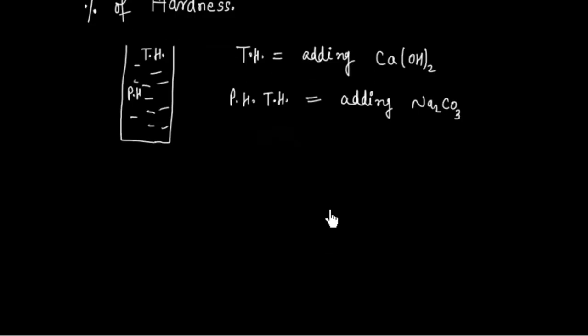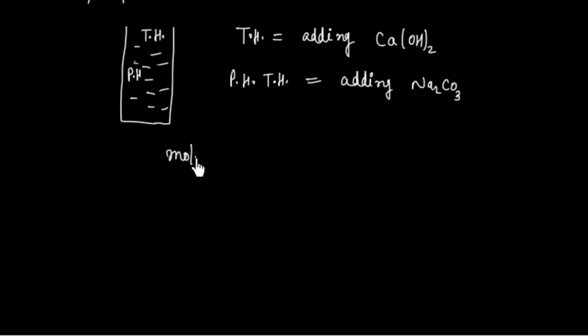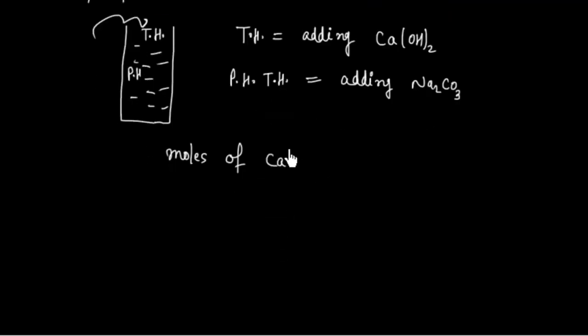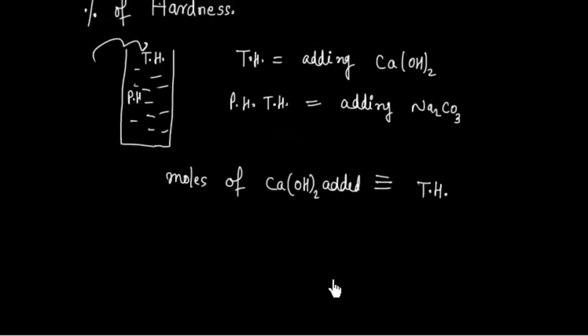So we can say moles of calcium hydroxide. If I add some moles of calcium hydroxide into this water, it is only removing the temporary hardness, that is, moles of calcium hydroxide added is equivalent to temporary hardness.